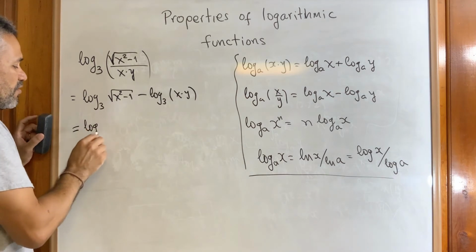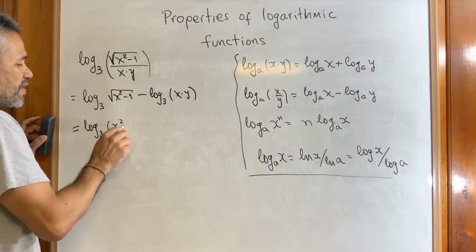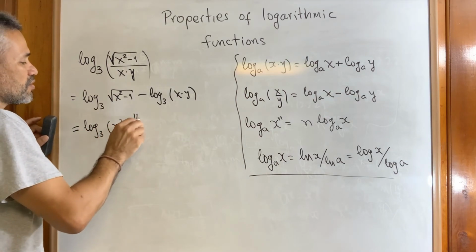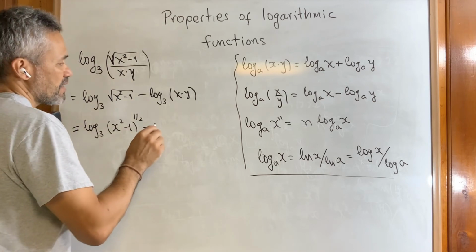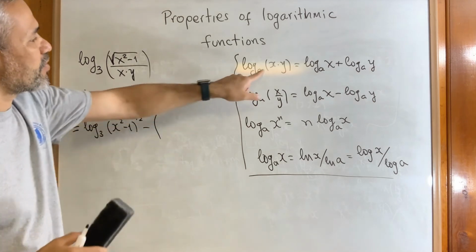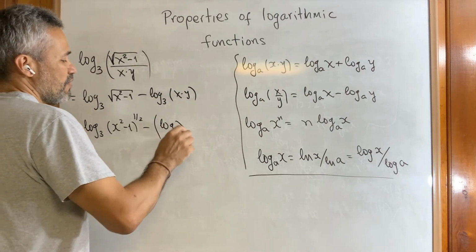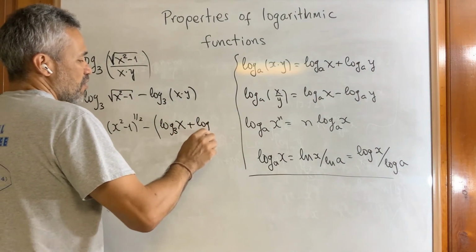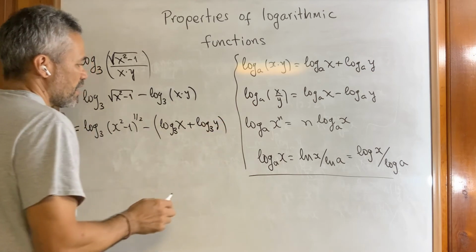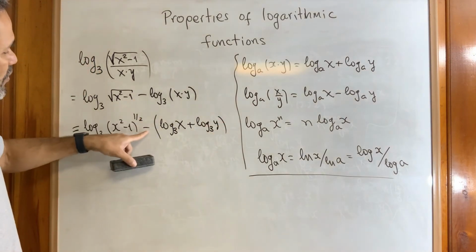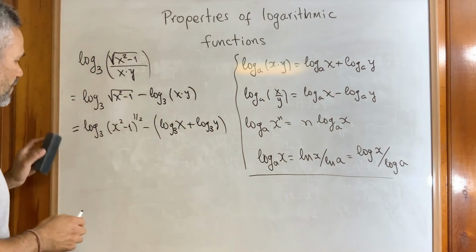Then we rewrite it: log in base 3 of x squared minus 1 to the 1/2 minus, and here we use this property. This is log in base 3 of x plus log in base 3 of y. Notice that the negative is in front, then I have to use a parenthesis.